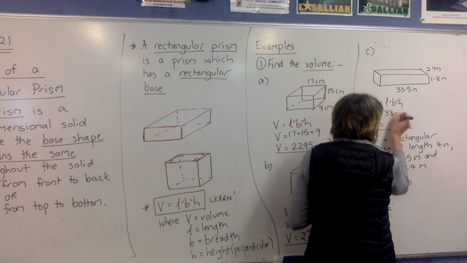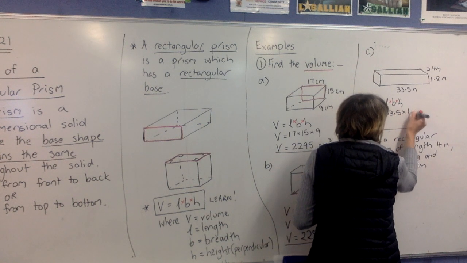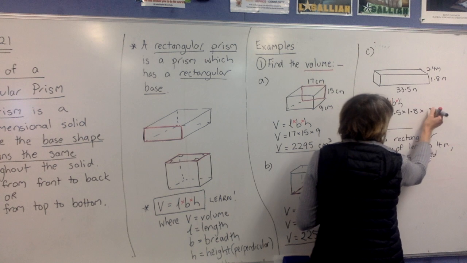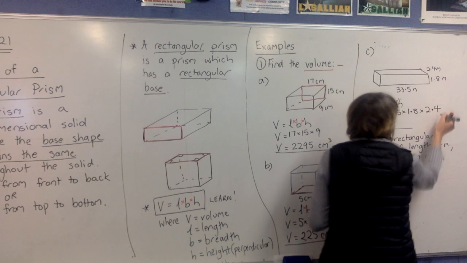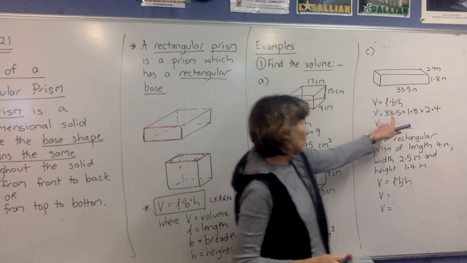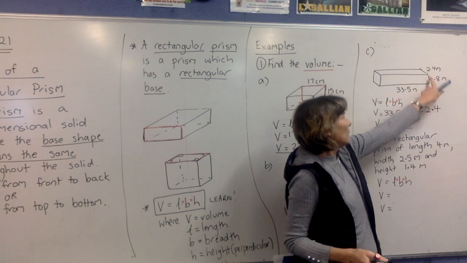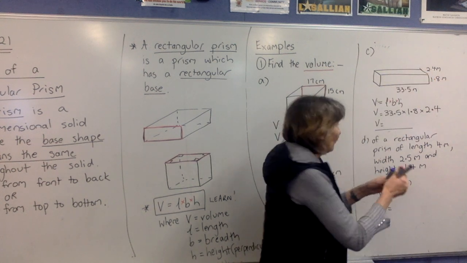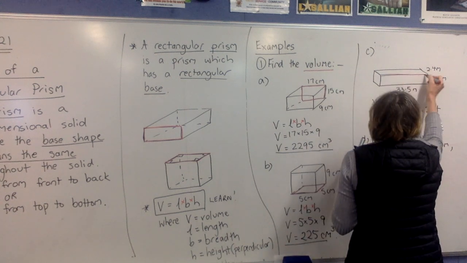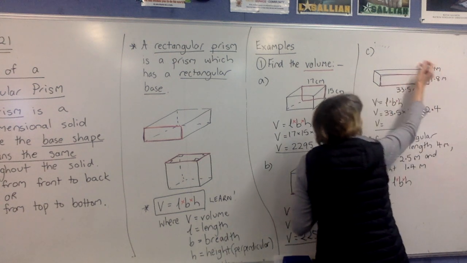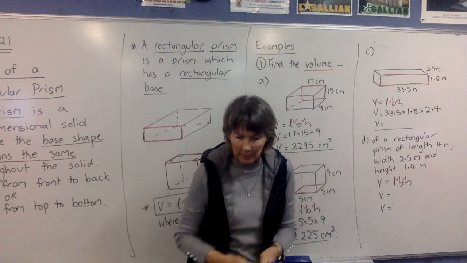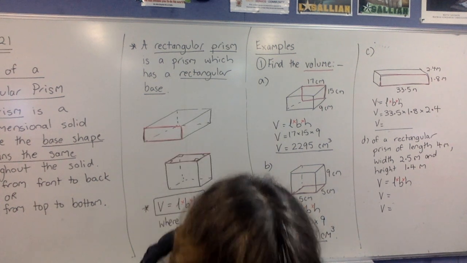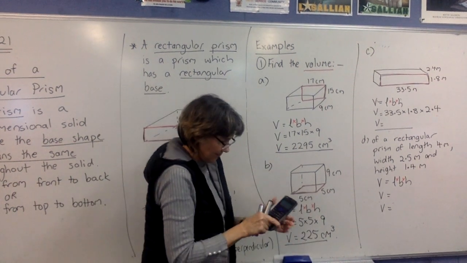So I'm going to do 33.5 for my length, 1.8 for my breadth, and my height, coming away from the base shape at the front there, is 2.4. So now I'm getting my calculator to work this out, because I can't do this one in my head.